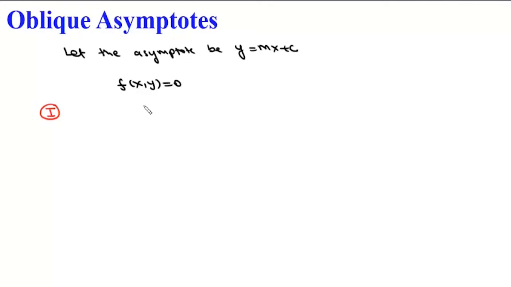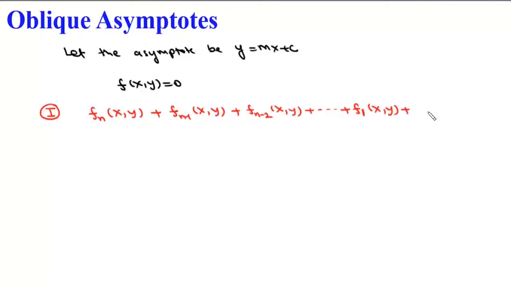First step is, we'll write this curve as f_n(x,y), f_(n-1)(x,y), f_(n-2)(x,y) up to f_1(x,y) plus a constant term, say k, equals 0.